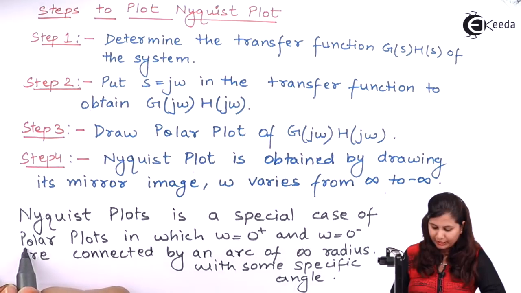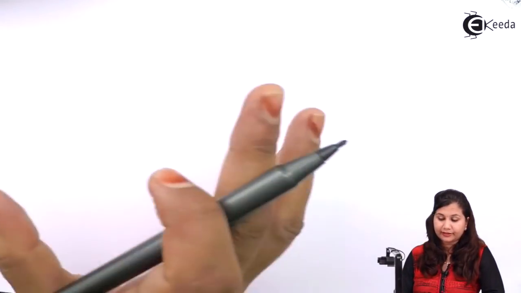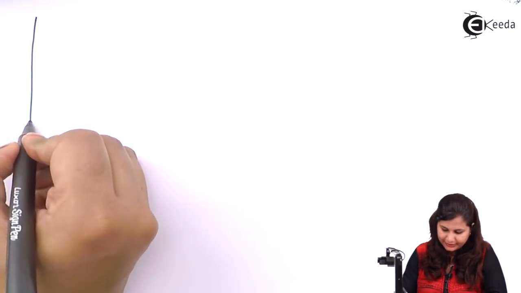Now there is a table where we can link the polar plots, the angles and the frequency. So let's see this table.